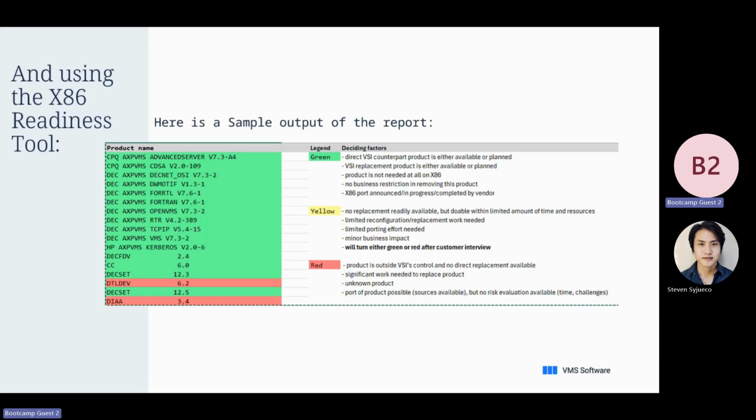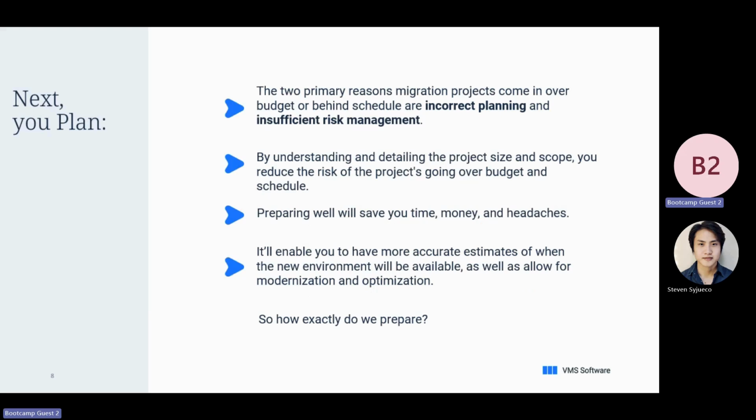So we can be more than happy to do that for you and provide you with the output, and then what to start addressing to move forward. Yep. So those are our two most important tools that we use to assess your system.